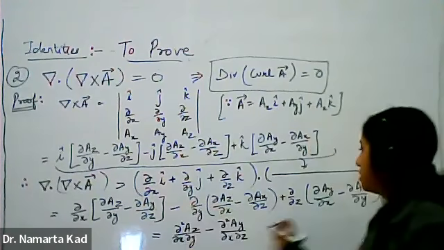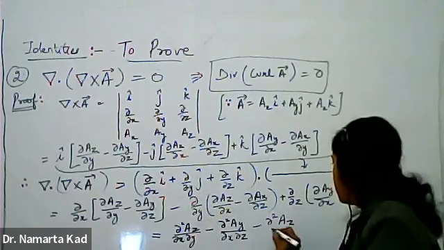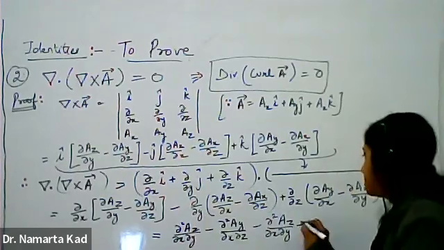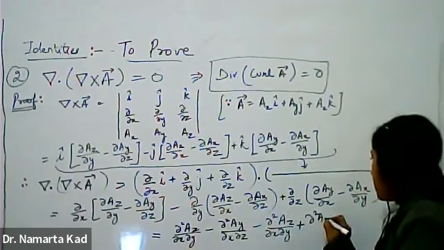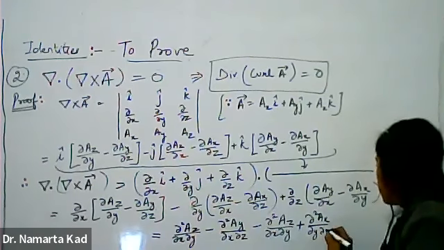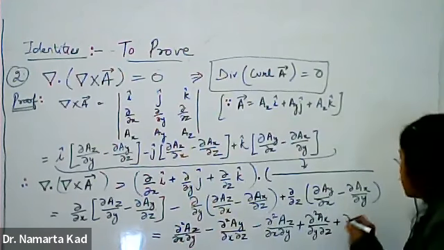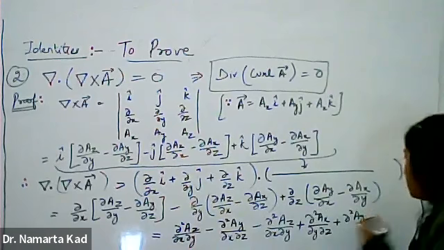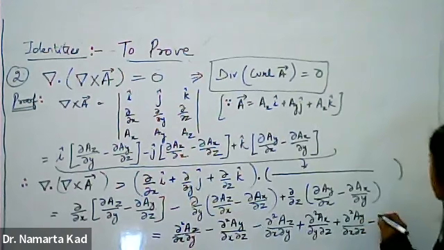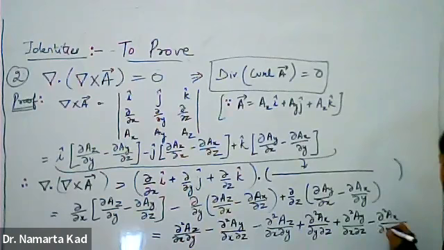Okay, then next minus curly square az by curly x curly y, then plus curly square ax by curly y curly z. Okay, then finally plus curly square ay by curly x curly z minus curly square ax by curly y curly z.